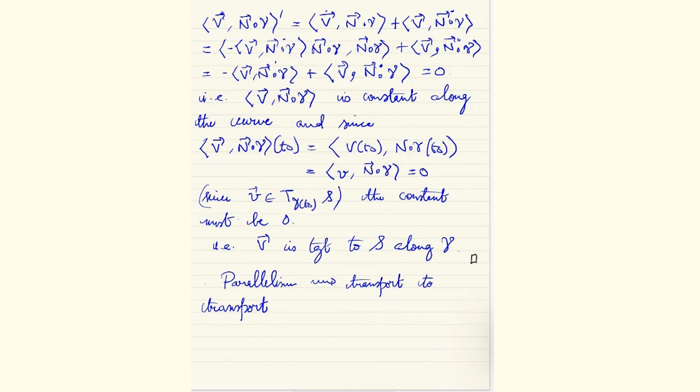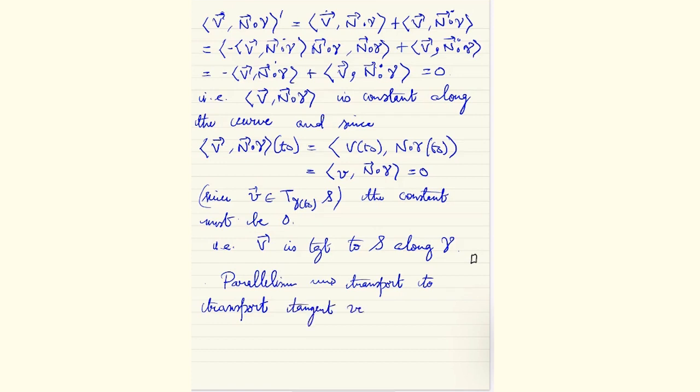If you think of them as p comma v and q comma v, since p is not q, these can never be the same. So tangent vectors at distinct points are disjoint, and yet you can somehow move from one vector in a tangent space to some vector in another tangent space. It's quite a remarkable thing.